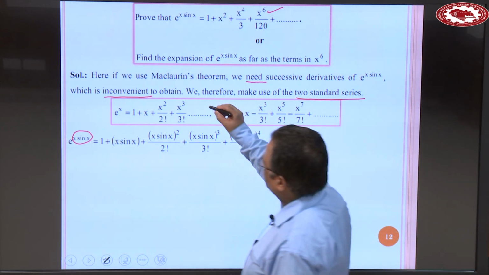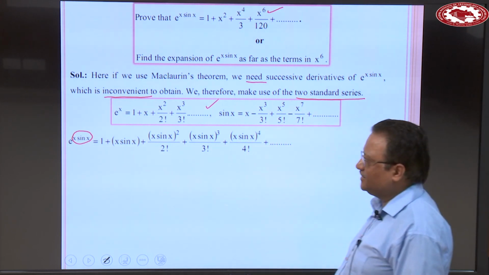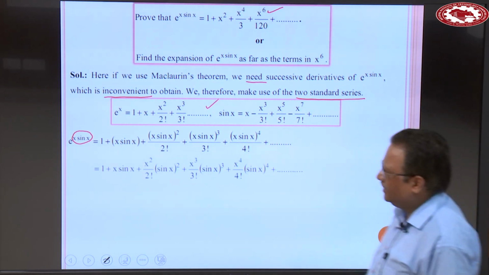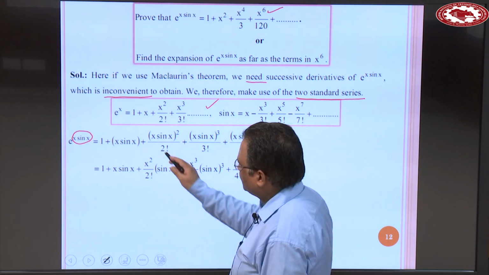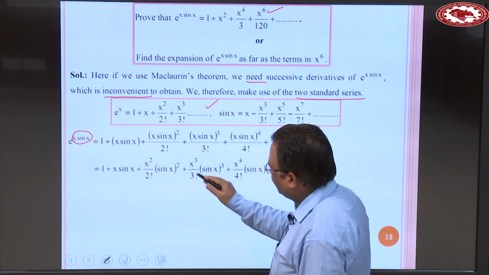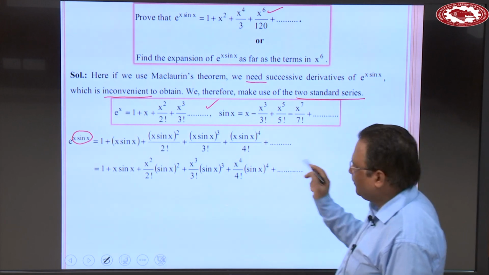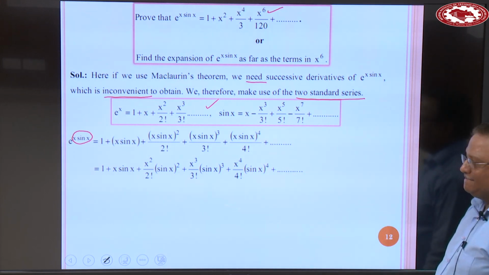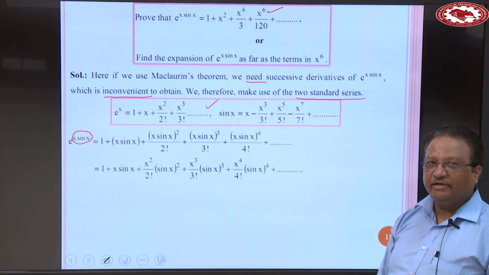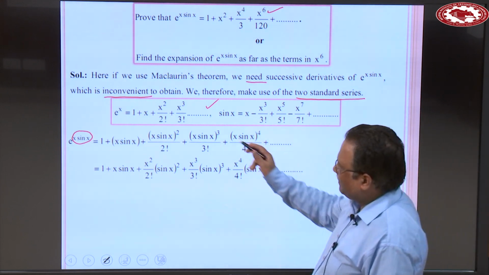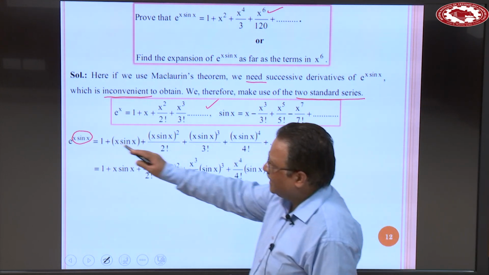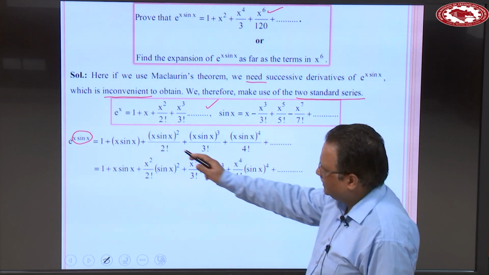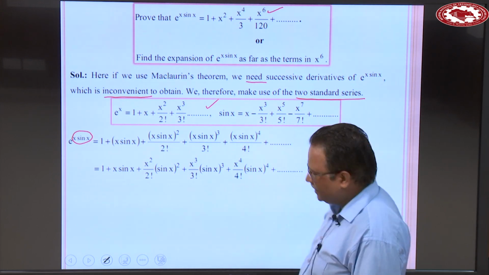Here we use this standard series. Just take x outside this bracket: x square over 2 factorial, x cube over 3 factorial, x4 over 4 factorial and so on. Clear? So, first apply this result when x is x sin x, and then taking x outside this bracket we obtain this formula.